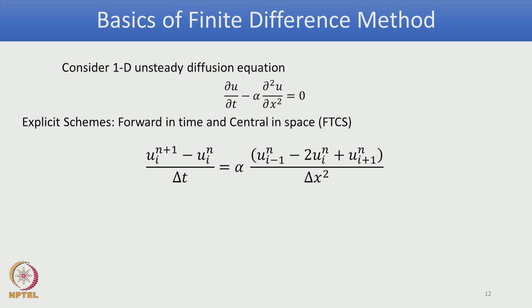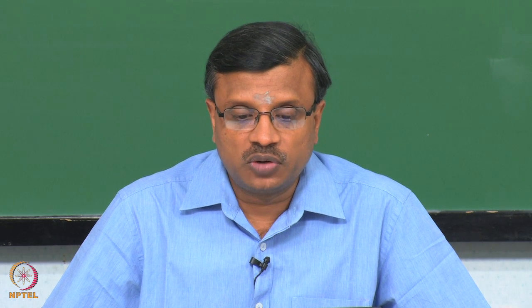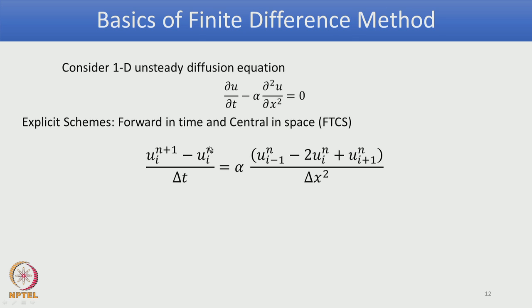So n plus 1 means you are trying to find the value at the new time location, and u of i, n represents the value at the same location i, but from a previous time iterated value. So n corresponds to previous and n plus 1 corresponds to current.